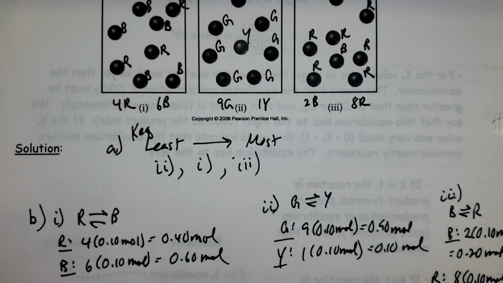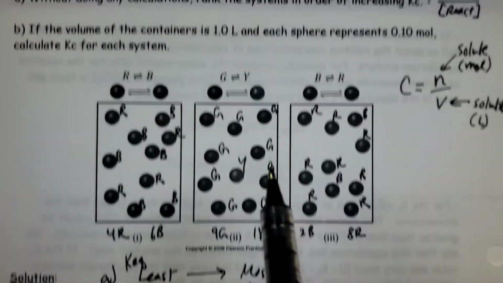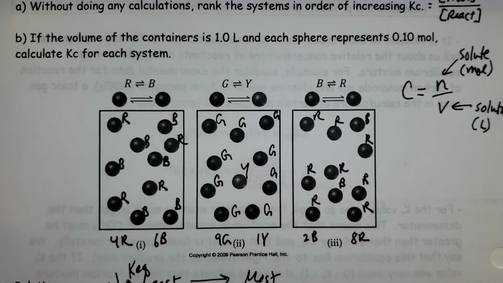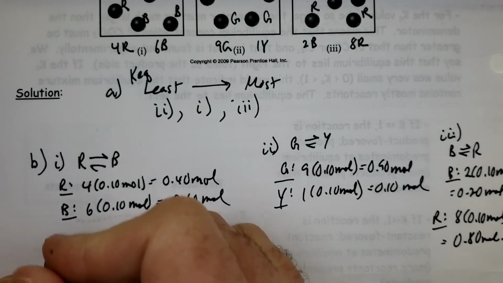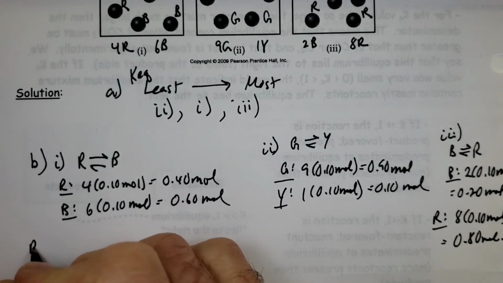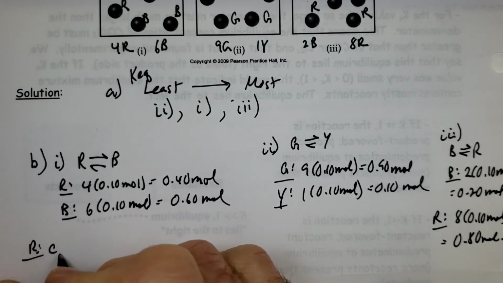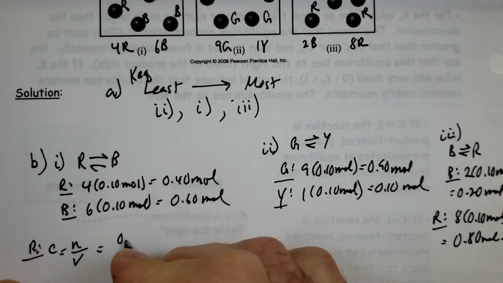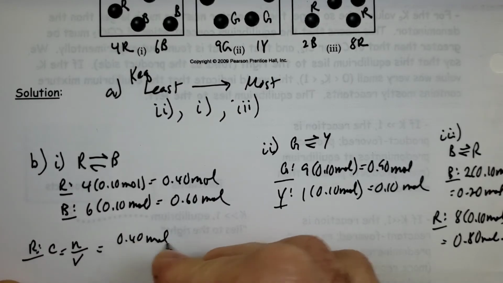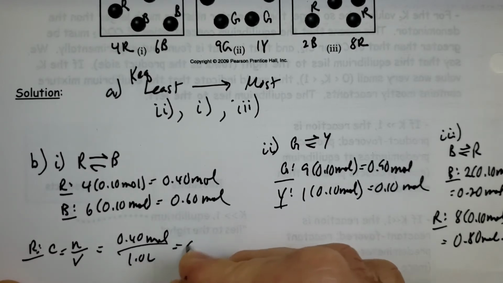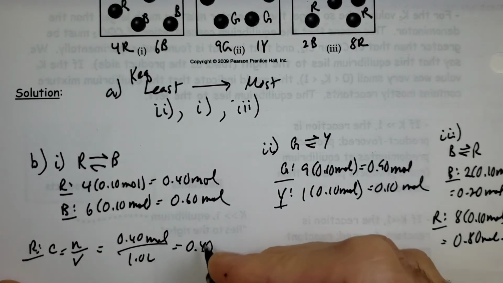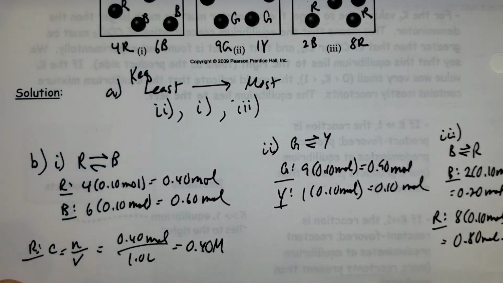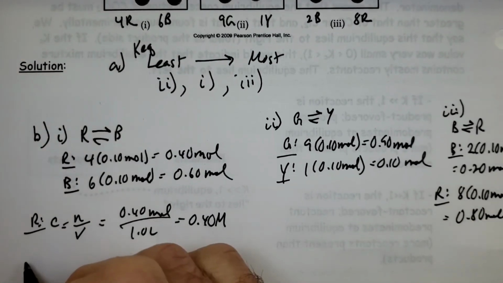So to figure out C now, the concentration, now it's easy because it's in terms of 1 liter. If I'm looking at red, the molar concentration of red is number of moles divided by volume, 0.40 moles over 1 liter. So it's 0.40 moles per liter, or back in physical science, we call it big M for molar.